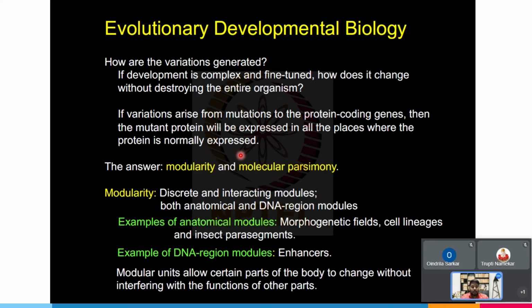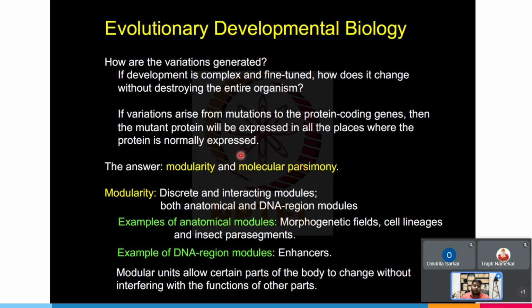This line of questioning tells us that the majority of variations do not arise from mutations in protein coding genes. There should be particular checkpoints which ensure that even if mutations occur, they will not be dangerous or hamper the adult organism that develops. So how does it occur?